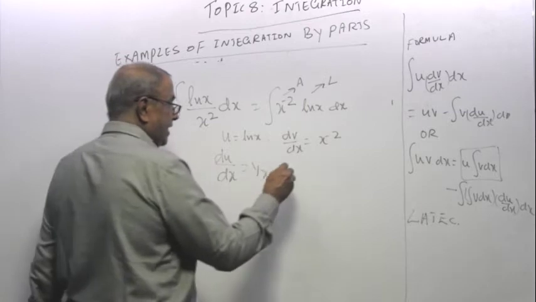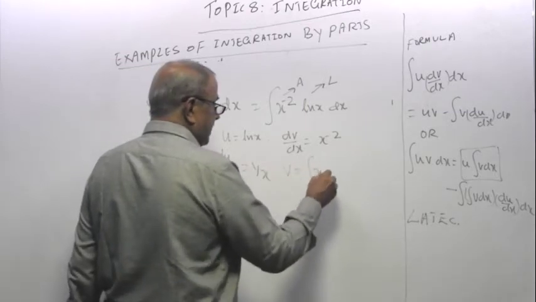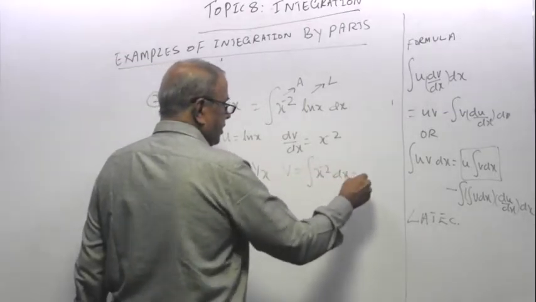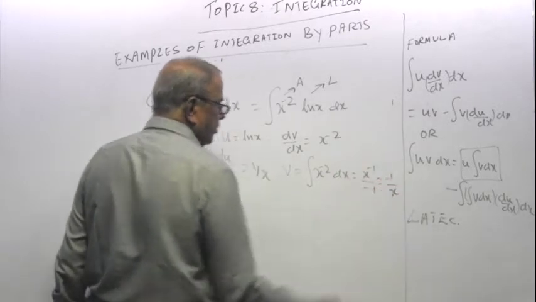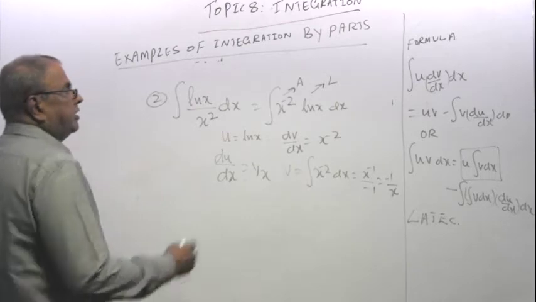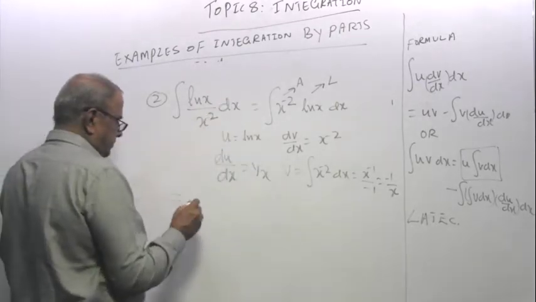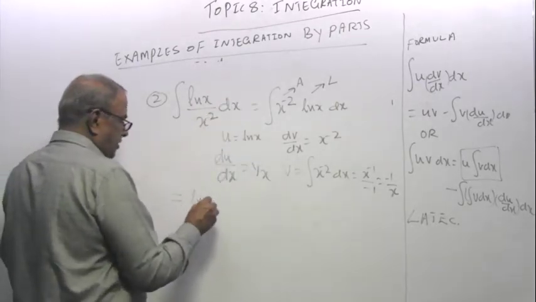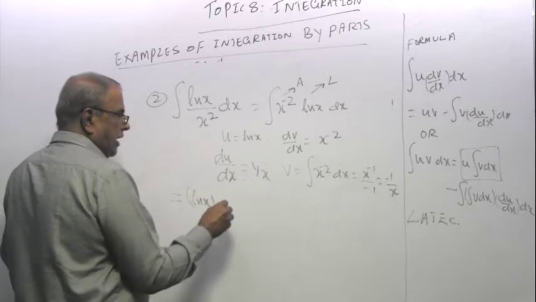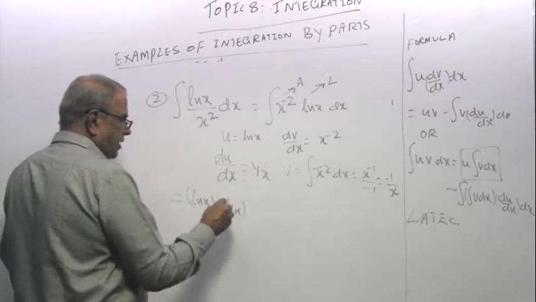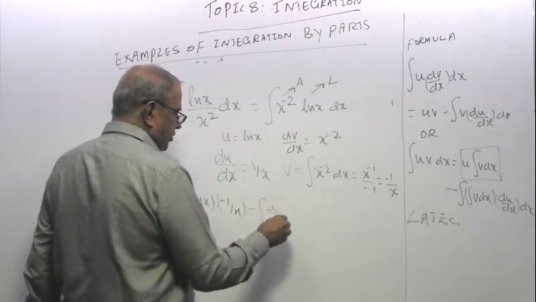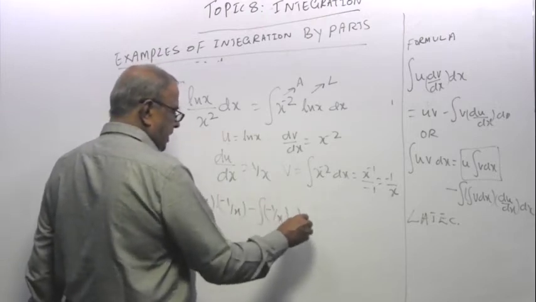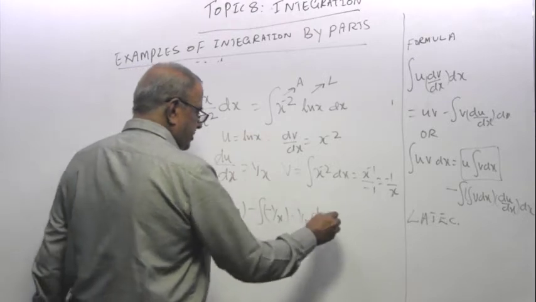And v is integral x power minus 2 dx, which is x power minus 1 over minus 1, or minus 1 over x. So it's uv, u is ln x times v is minus 1 over x, minus integral v, which is minus 1 over x, du by dx is 1 over x dx.